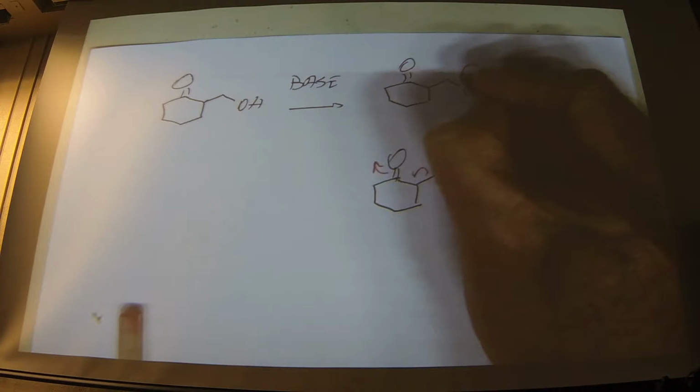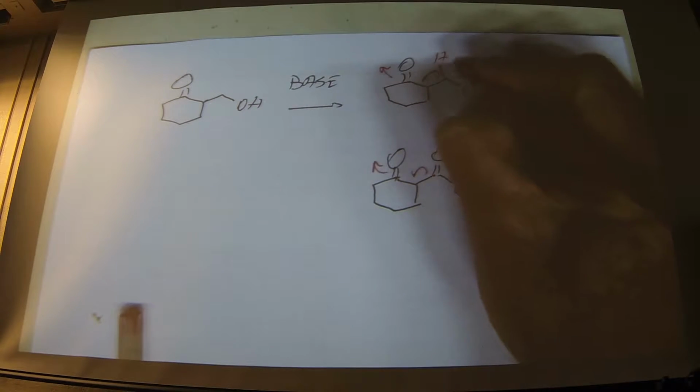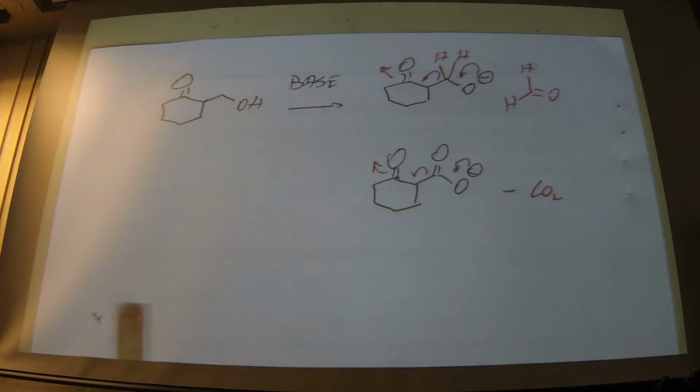I can do it the same way here, form the same enolate, but with loss now of not CO2, but of, you guessed it, formaldehyde. Okay? So loss of formaldehyde can take place. That's a reaction you've seen in the opposite direction. That's a retroaldol reaction. Okay? So the aldol reaction would be the enolate of cyclohexanone and formaldehyde giving the hydroxyketone.